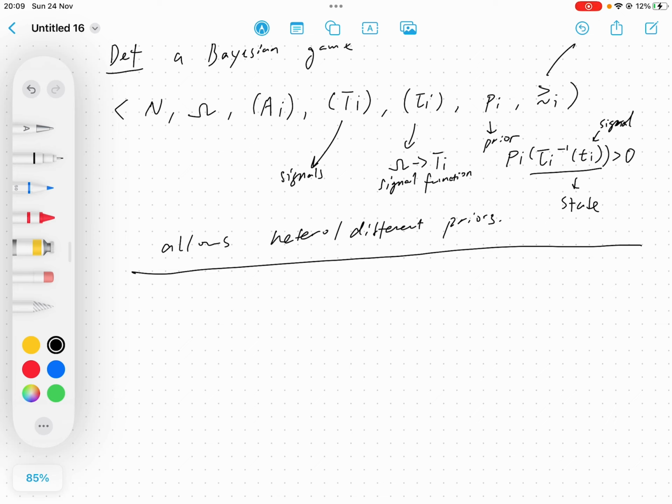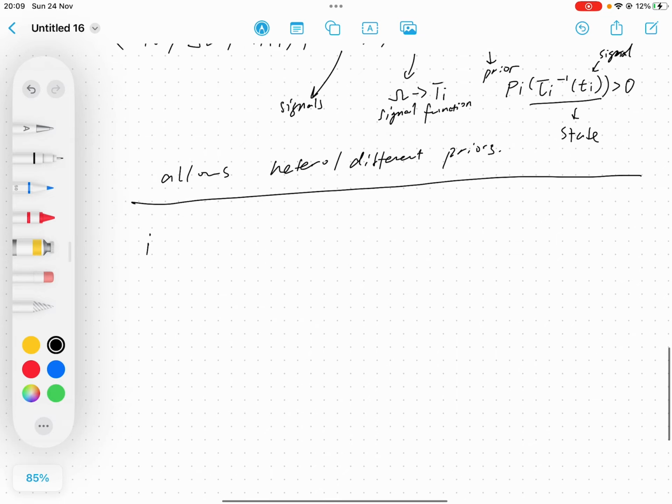So here we could incorporate the types into the agents. We can just say that there are different kinds, or different types, of players. Here we simply use the notation such as player I and Ti, which represents the type Ti of player I.